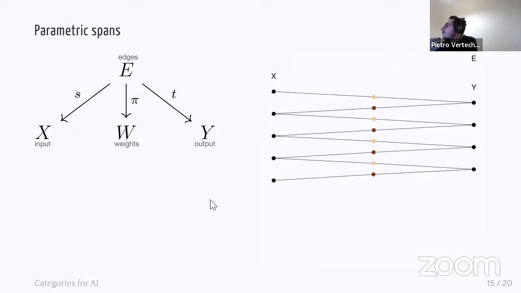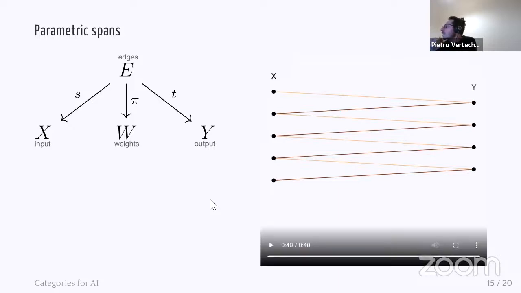And after I'm done with the weights, for example, learning is finished, I forget about the space W, and I simply get a weighted graph where some values of the weights happen to be equal.